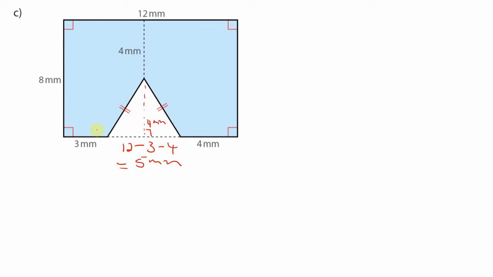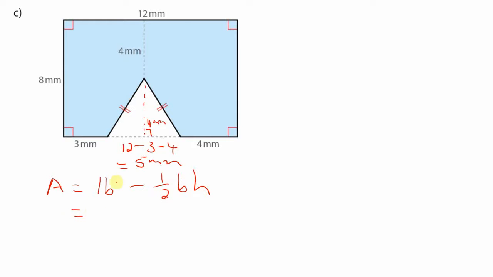For me, the easiest is to approach it similar to the previous one. I can calculate the area of the big shape if I assume this area is full, and then simply subtract the area of the small triangle. So I can say the area is equal to, well, what do we have here? Length times breadth, because it's a rectangle, minus, what do we know about the triangle? It's half base times height.